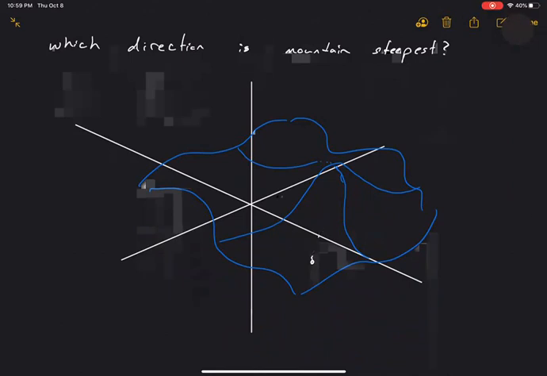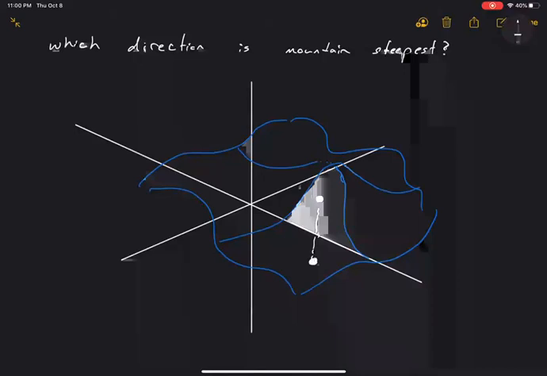I trace it up here to find f of A, B, and I'm asking myself, if I'm looking at different directions in my domain, I could plug in different values, along which of these lines is the increase going to be greatest? So if I'm thinking of this graph as a mountain, in which direction is the mountain steepest?